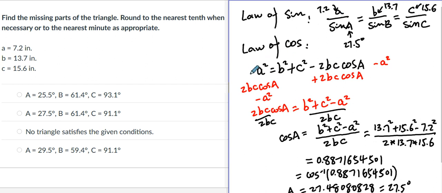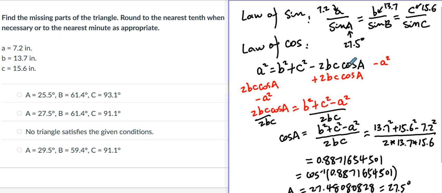Then we have to consider the law of cosine, because the law of cosine says that a squared equals b squared plus c squared, subtract 2bc cosine A. If it were a right triangle with 90 degrees, we would not have the minus 2bc cosine A. That would directly be a squared equals b squared plus c squared.